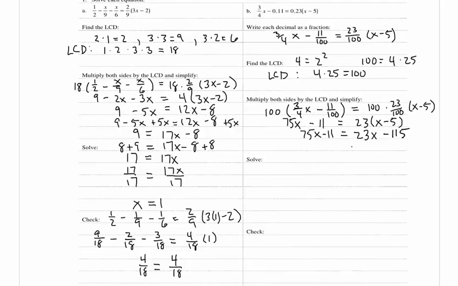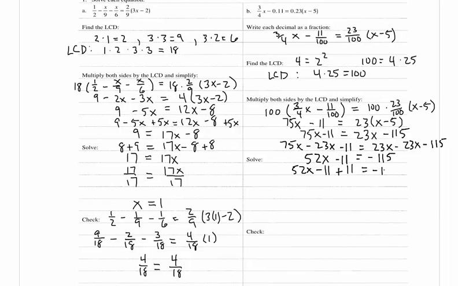And now we're going to subtract 23x from both sides, so we have 75x minus 23x minus 11 is equal to 23x minus 23x minus 115. And 75x minus 23x is equal to 52x, and we have minus 11 is equal to negative 115. And now we're going to add 11 to both sides, so we have 52x minus 11 plus 11 is equal to negative 115 plus 11.